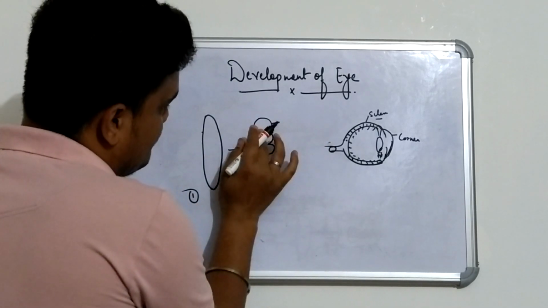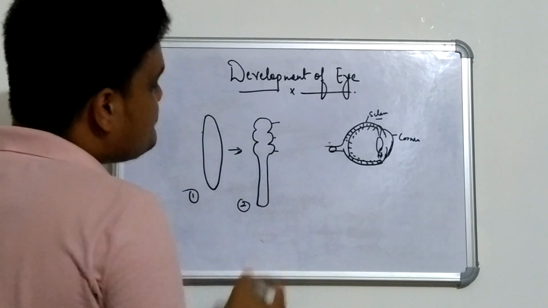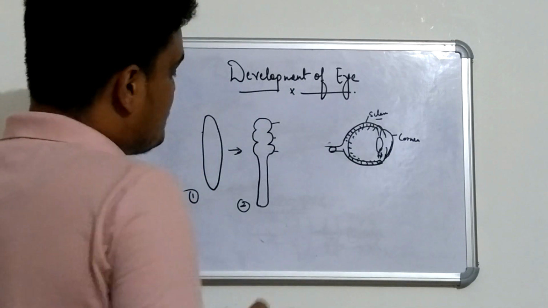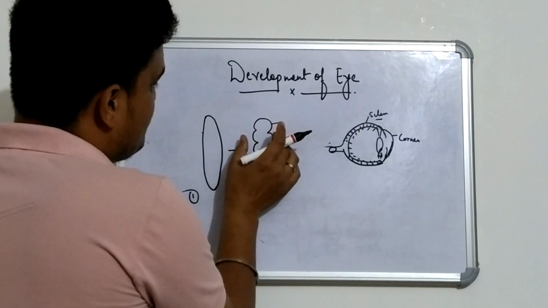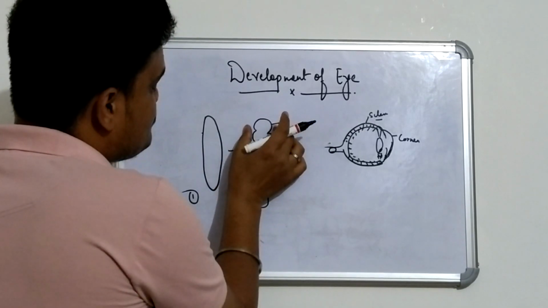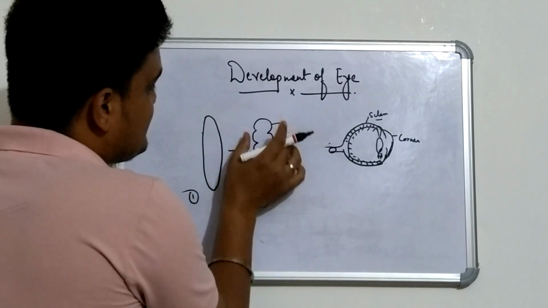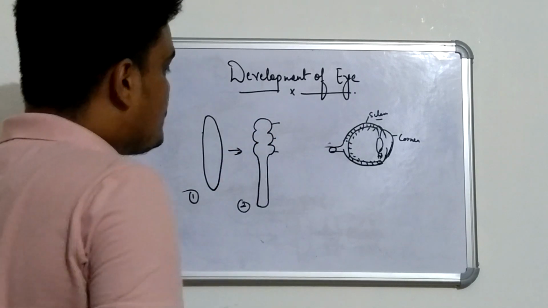The second bulge out area is called the midbrain, and the third bulge out area is called the hindbrain. So in the upper portion of the neural tube, we have 3 bulgings in stage 2: the forebrain, the midbrain, and the hindbrain.